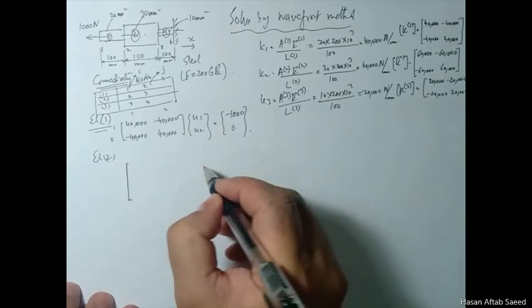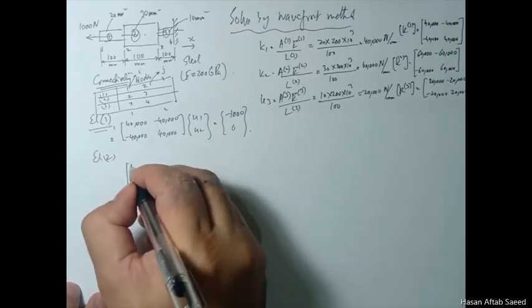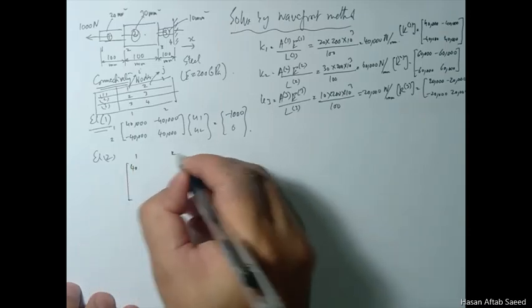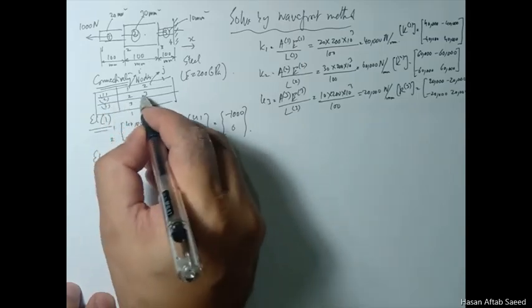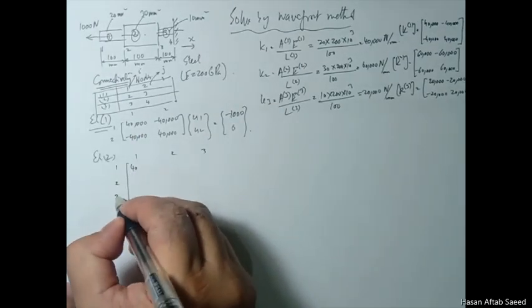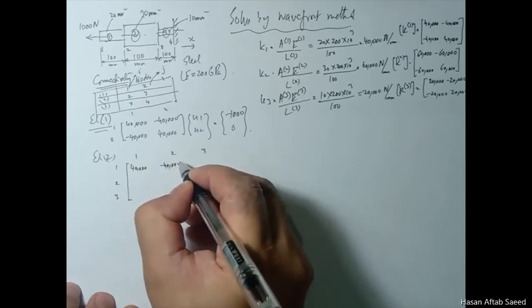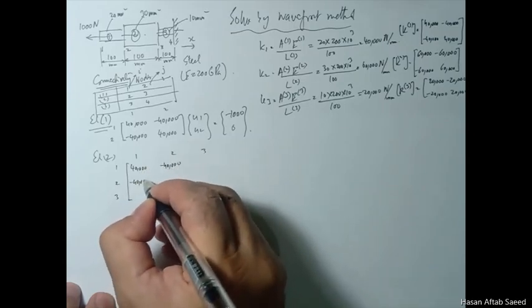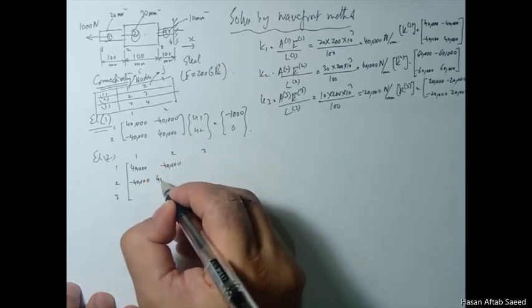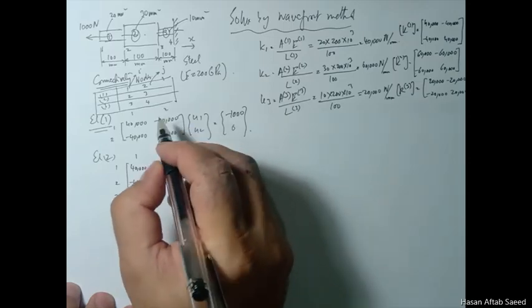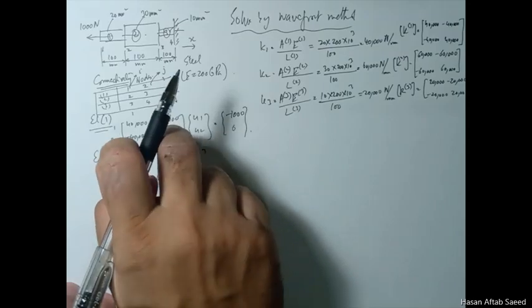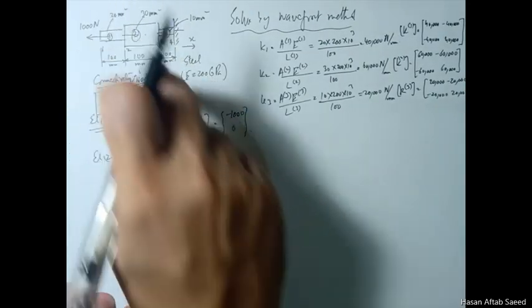Now, element 2 obviously will be added in this way, because this is 1, 2, and for element 2 now you have 2 and 3 degrees of freedom. So 1, 2 and 3. So 40,000, minus 40,000, minus 40,000. Here you have 40,000, but element 2 also occupies this.